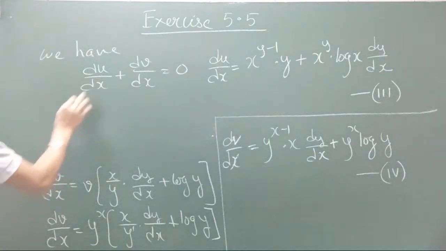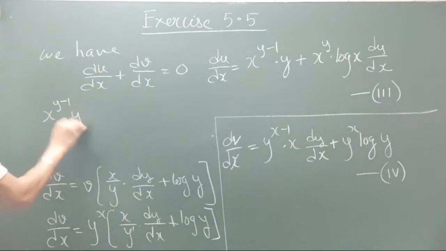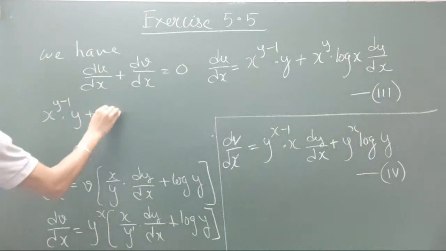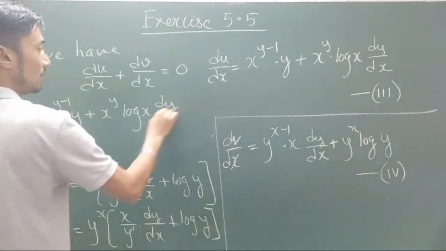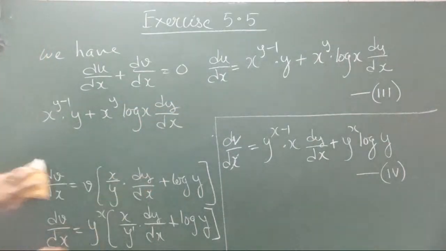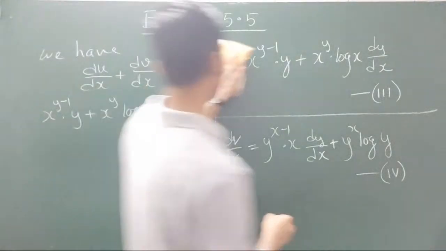Let's put in the values. du by dx is x power y minus 1 into y plus x power y log x dy by dx. Let me just rub off all this. It's kind of getting messy here now.